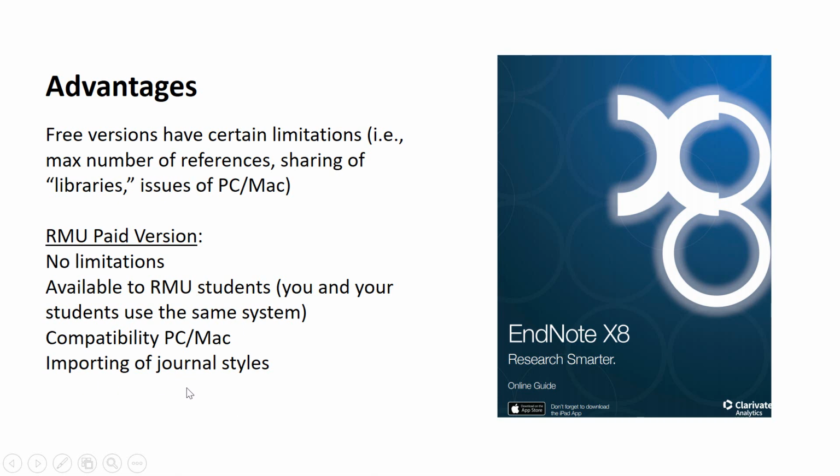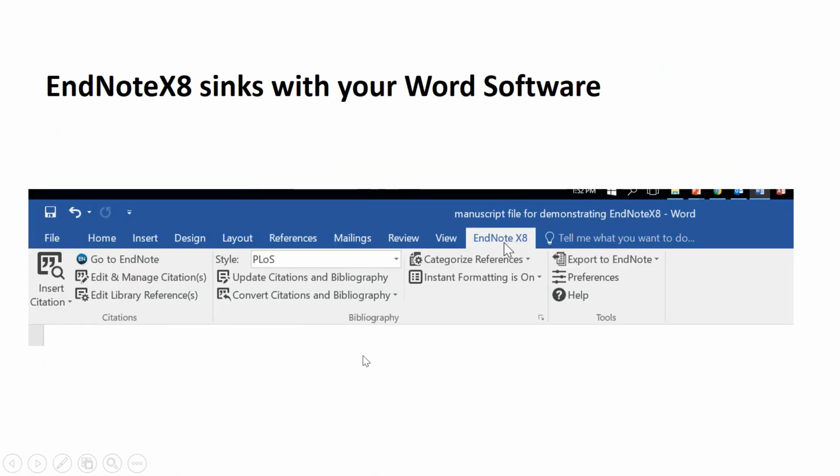It's great at importing a wide range of journal styles, and I'll give you an example of that in a bit here. So the software, once it's downloaded, syncs to your Microsoft Word, and you'll have this new tab that appears in your menu of tabs up at the top of the screen in Word, and when you hit that tab, you'll see a variety of menus to select from.